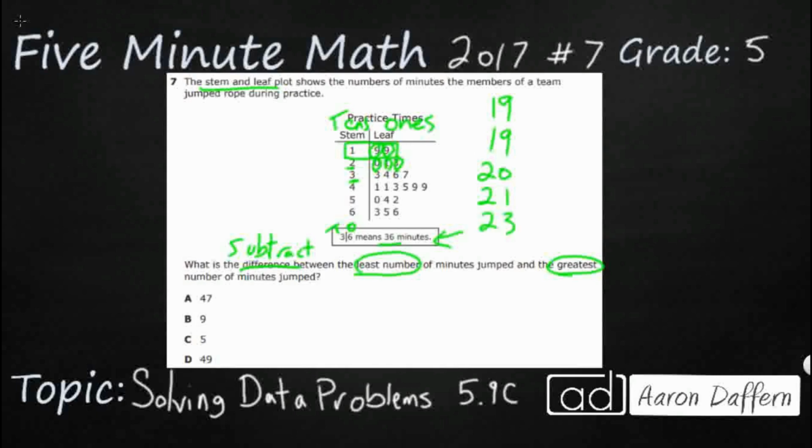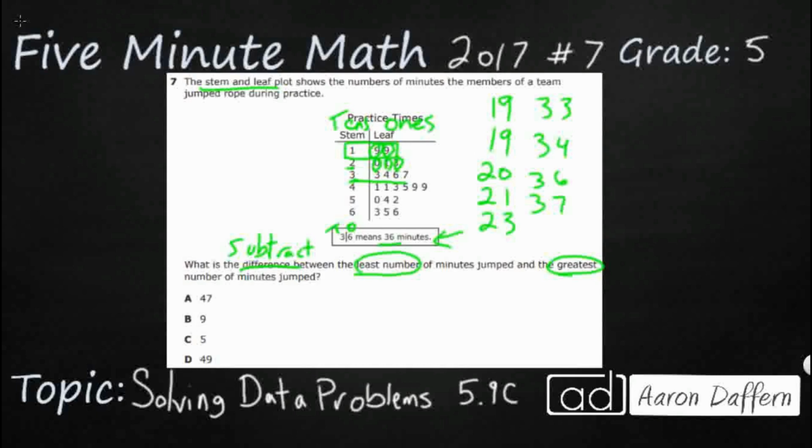Now we go to the 3 stem, and we've got 4 different numbers: 3, 4, 6, 7. We can write 3 four different times and copy down those leaves: 33, 34, 36, and 37. Now we get to our 4s, which has the most.